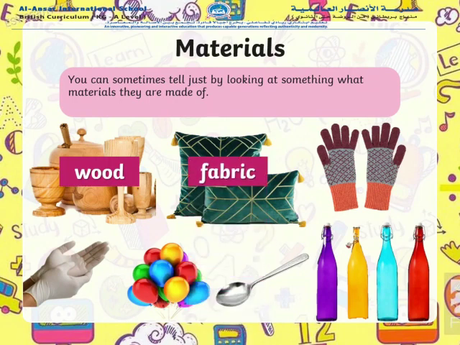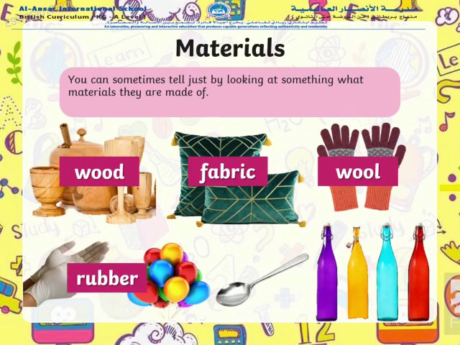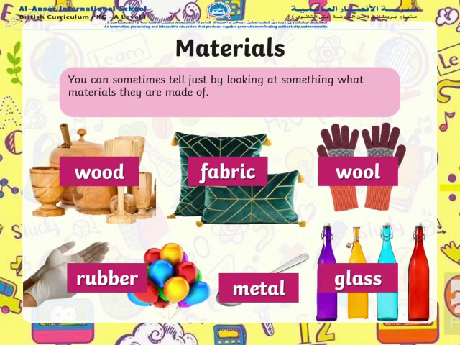Then we have gloves made of wool. Remember, we get wool from sheep. Then we have balloons and gloves made of rubber. Next we have a spoon made of metal. And last but not the least, glass bottles made of glass.